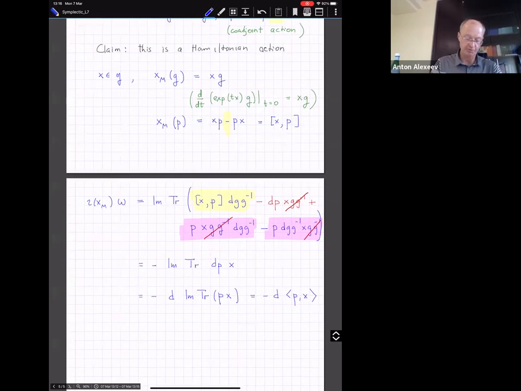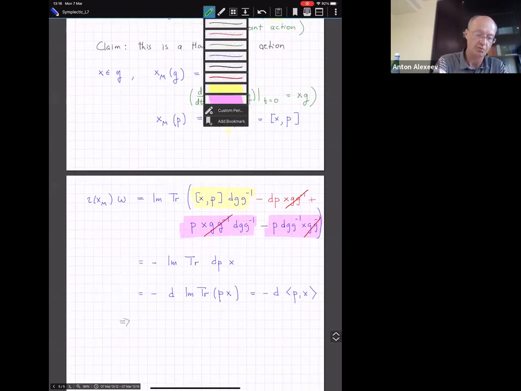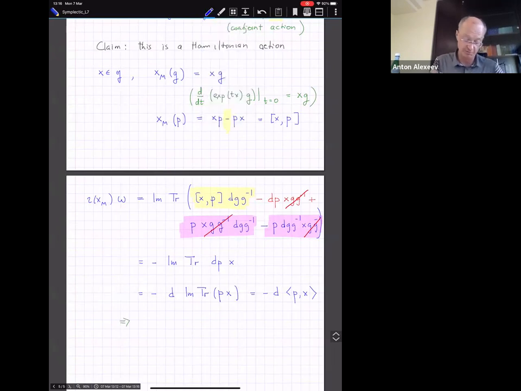And this last formula shows that this is indeed a Hamiltonian action, and the moment map at the point gp is equal to plus p.